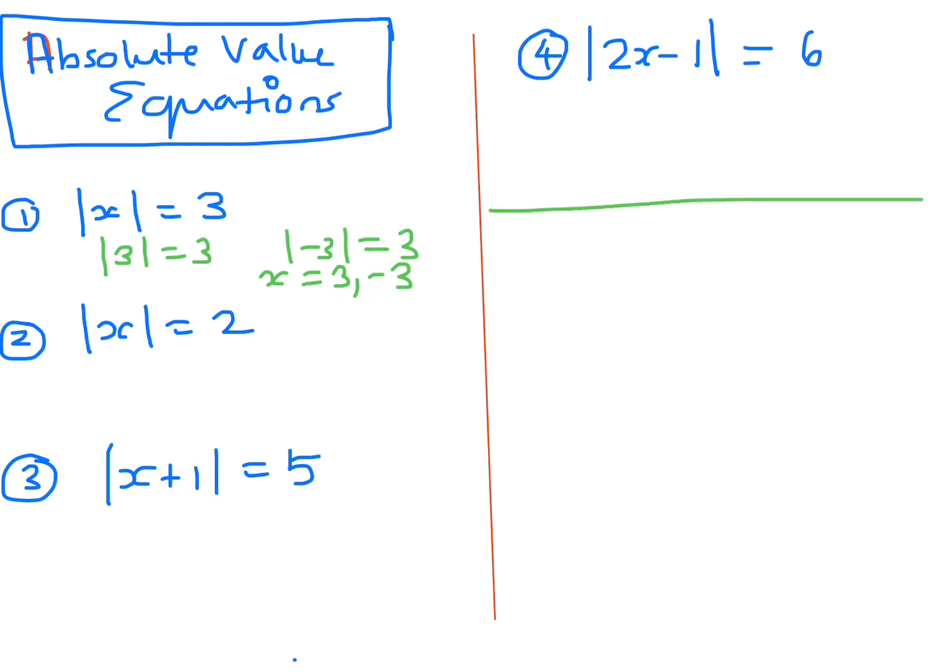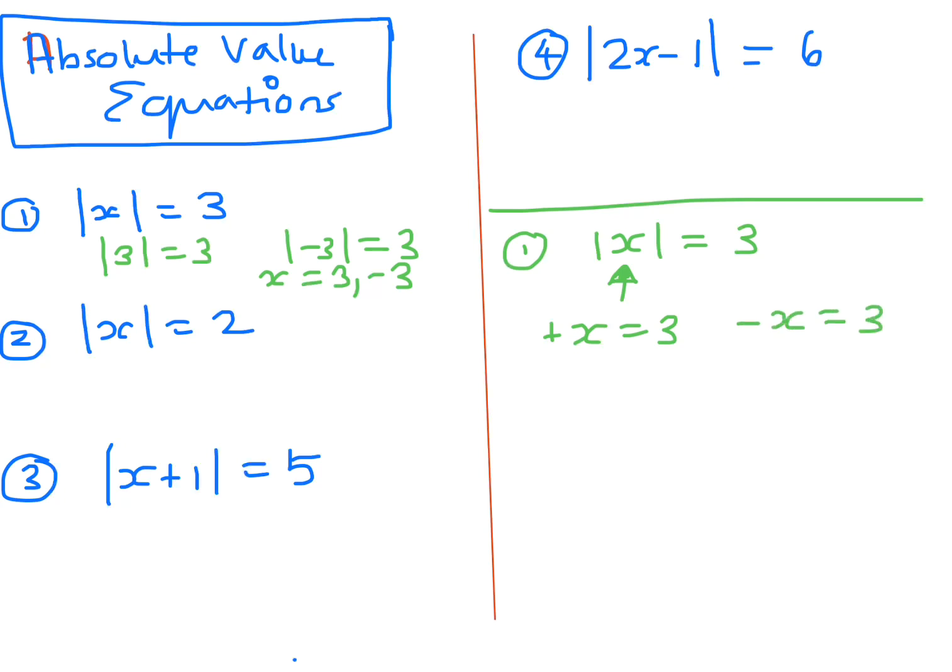So I just want to show you with some steps, so that when you do get ones that are a bit harder, it's a lot easier to do. What you start off with, you go, what's inside there? That x could be a positive x, which equals 3, or a minus x, which equals 3.